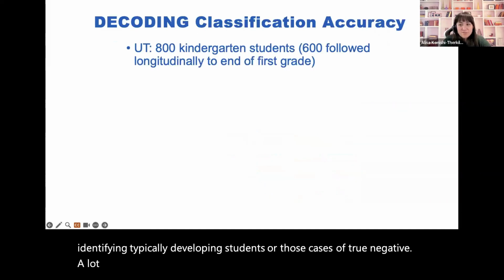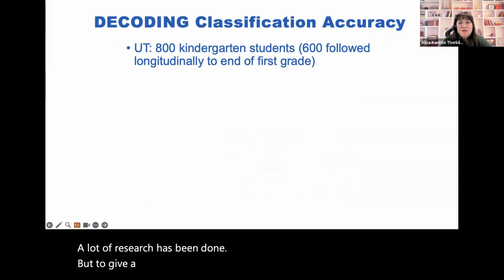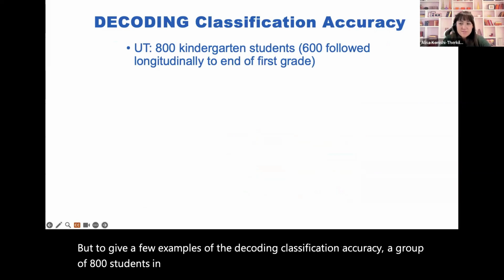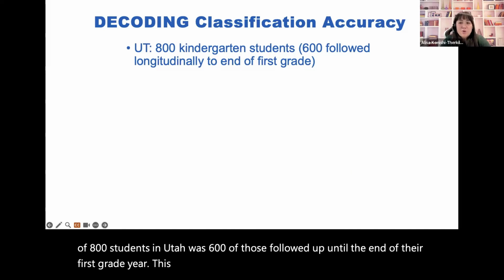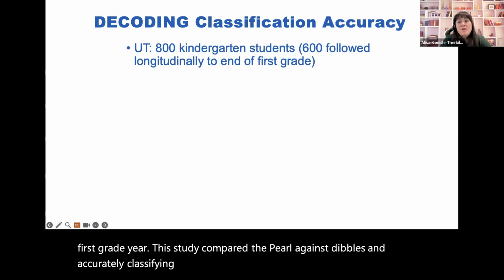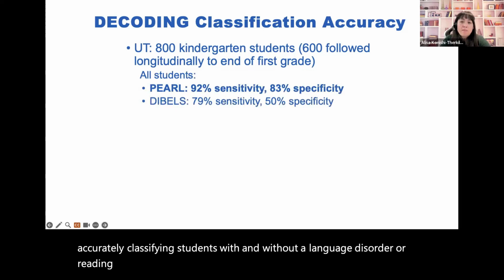A lot of research has been done, but to give a few examples of the decoding classification accuracy, a group of 800 students in Utah, with 600 of those followed up until the end of their first grade year. This study compared the Pearl against Dibbles in accurately classifying students with and without a language disorder or reading difficulties.